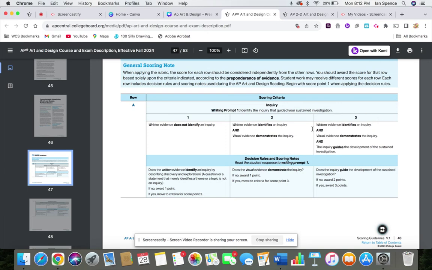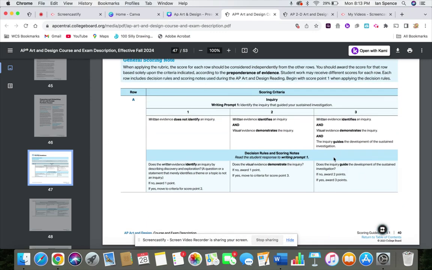In order to score a 3, there's written evidence that identifies the inquiry, there's also visual evidence that describes or demonstrates the inquiry, and the inquiry guides the development of the sustained investigation. So they're looking to see if your artwork progresses throughout, and if it really shows that you're exploring this question that you've created.